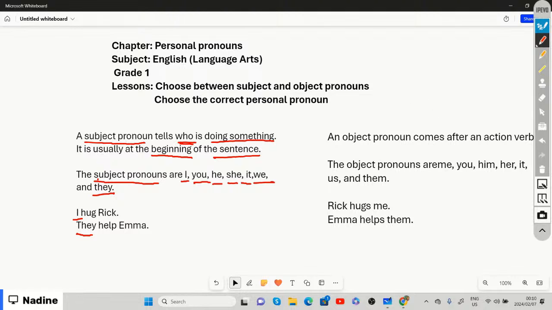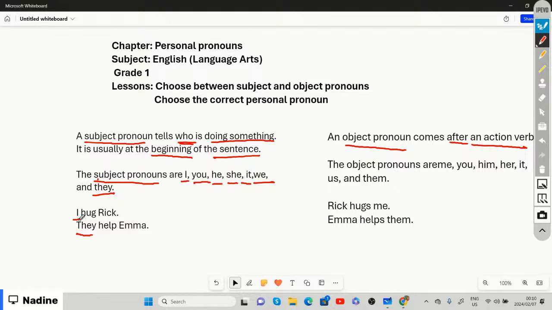Then we have object pronouns. An object pronoun comes after an action verb. So you'll have your subject pronoun, which tells you who is doing something, and that comes at the beginning of the sentence. Then you usually have a verb, which tells us the action that is taking place. And then an object pronoun comes after the action verb.